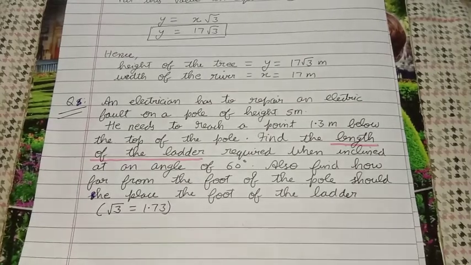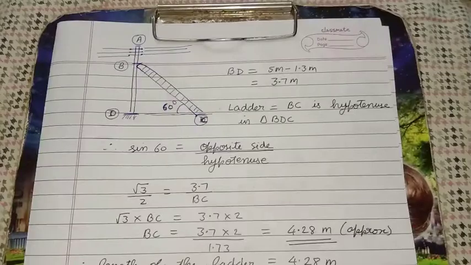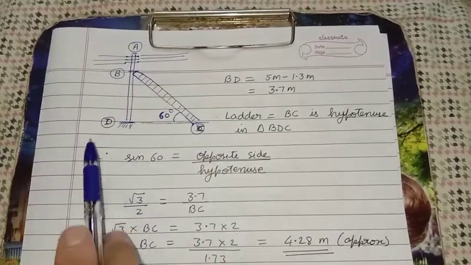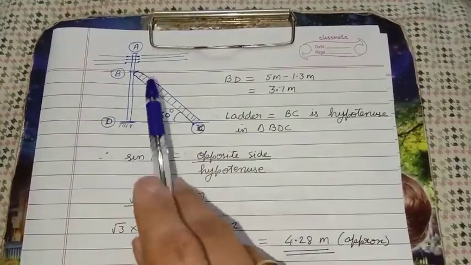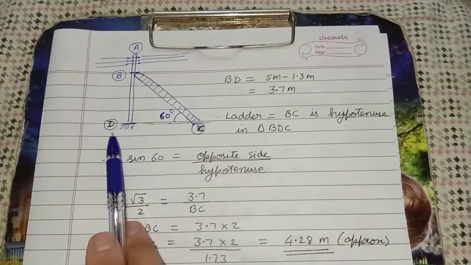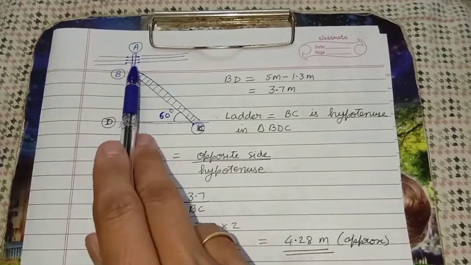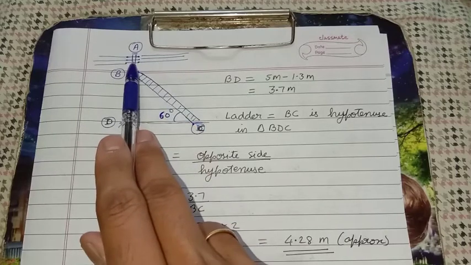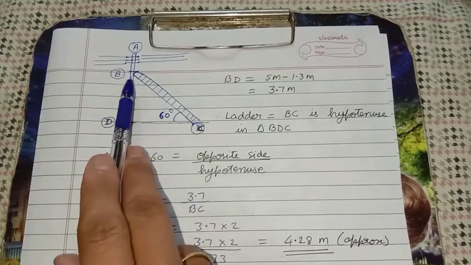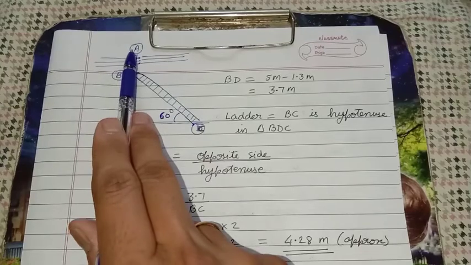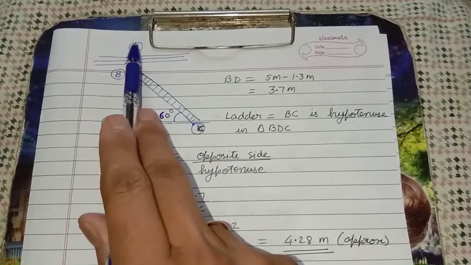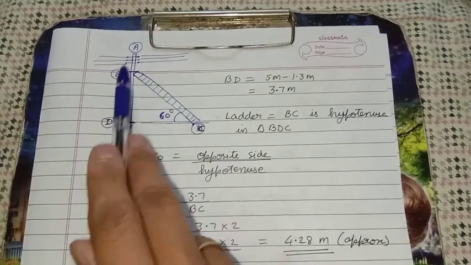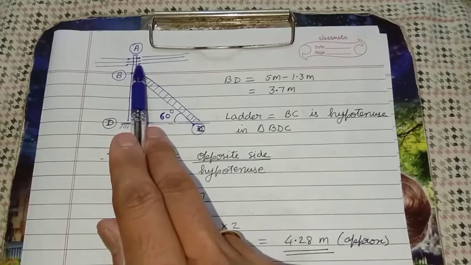Okay, so I'll draw a diagram for you. Friends, see here. This is a pole. The pole is A to D, correct? But you need not put the ladder at the top. Here the electric lines are fitted, and you have to put this ladder 1.3 meters below this point A. Okay, so AB is 1.3 meters.